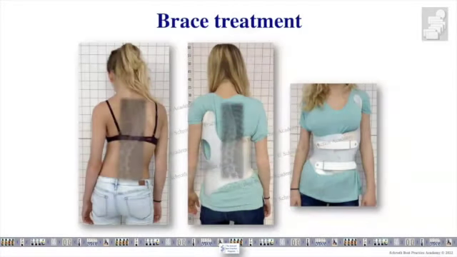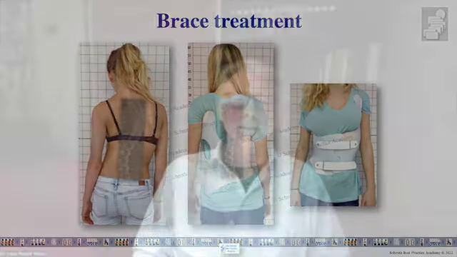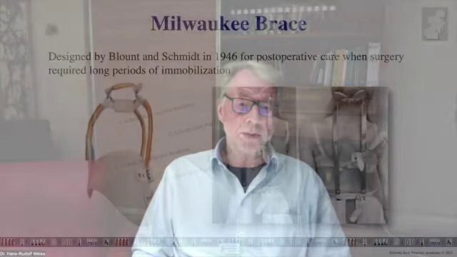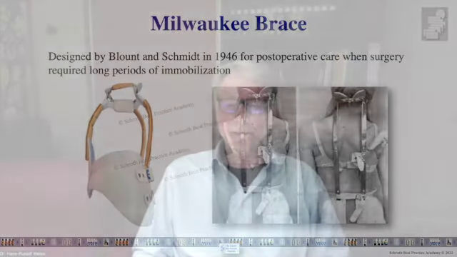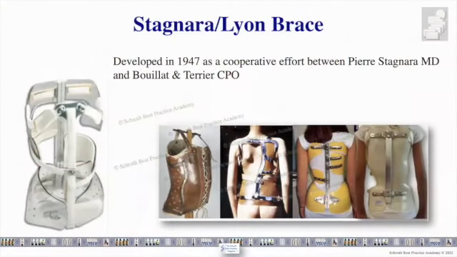Now let's have a look at brace treatment. The Milwaukee brace formerly was applied for patients with scoliosis, and this kind of bracing has a long history. The Lyonnaise brace, developed by Pierre Stagnara and his orthotists, also has a long history starting from 1947.